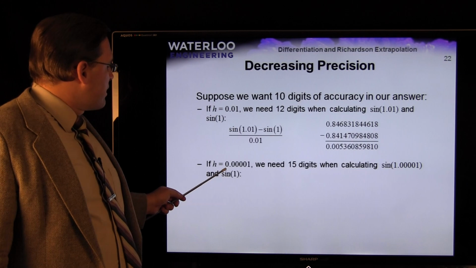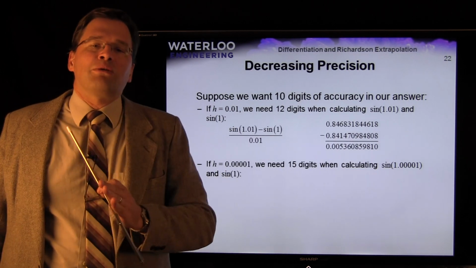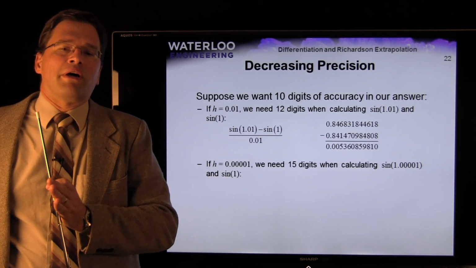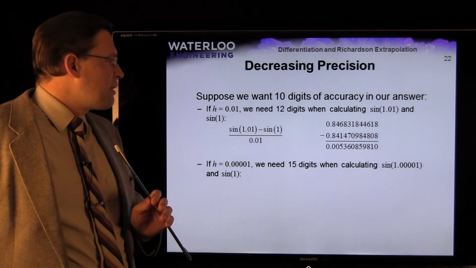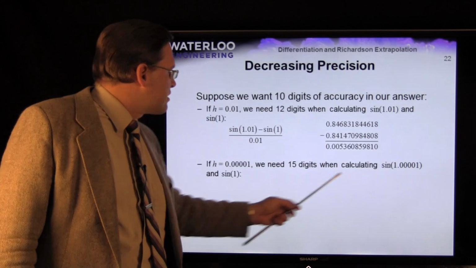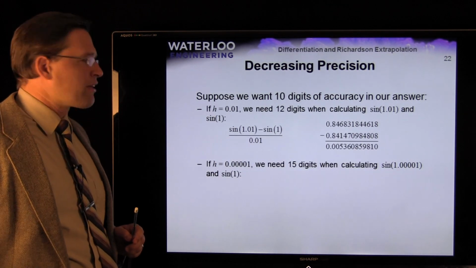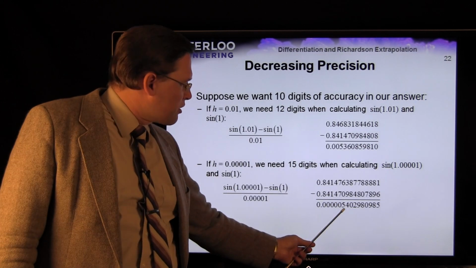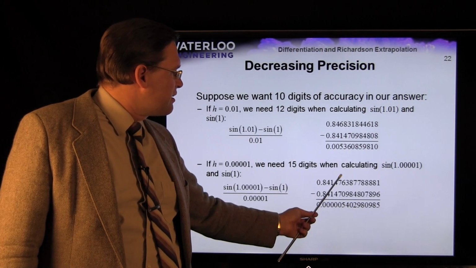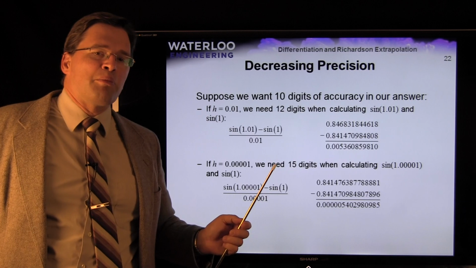Now, if we wanted h equal to 0.000001, and we wanted 10 digits of accuracy, we would actually need to calculate both of these to 15 digits of accuracy. Why? Once again, notice that the correct answer comes now in the 6th decimal place.